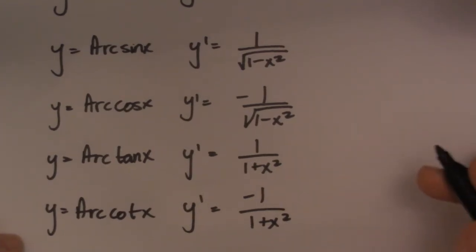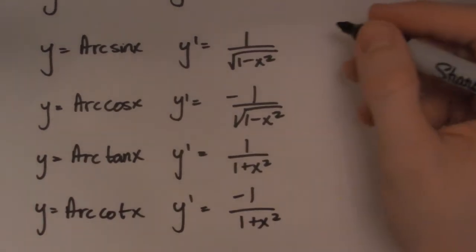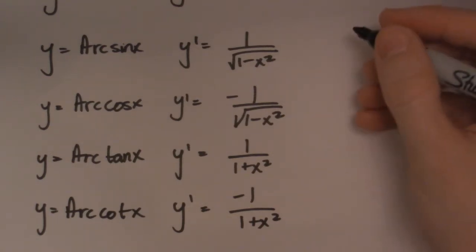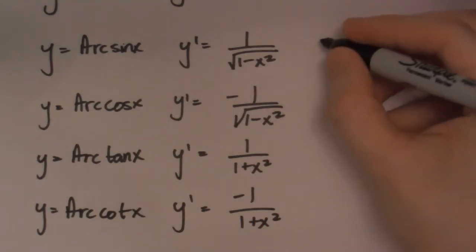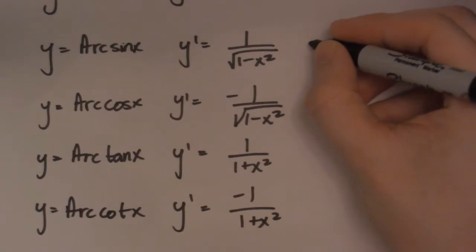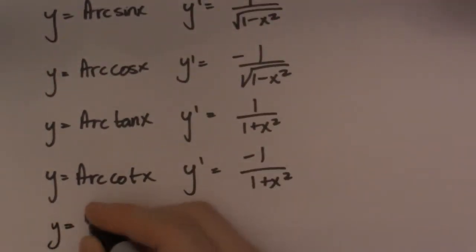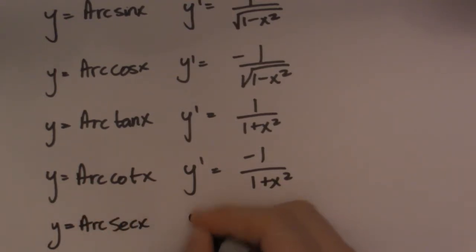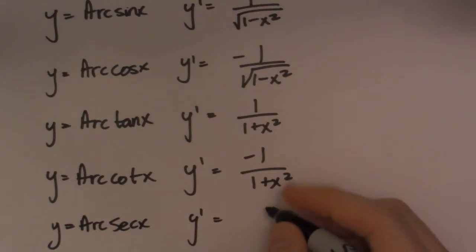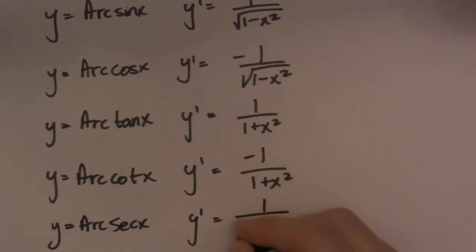Now I will put the other two here that are missing, just in case you need to know them. The derivative of arc secant x, y prime, is equal to 1 over the absolute value of x times square root of x squared minus 1.